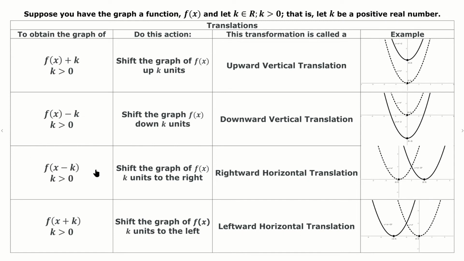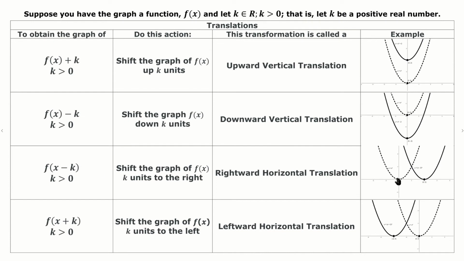that is just going to require a shifting of the graph of the original function f of x k units to the right. Now remember, even though that's a minus, a lot of people think minus left. No, that actually ends up being a rightward horizontal translation. Basically, think of it like whatever is happening here is going to happen to this graph k units later.